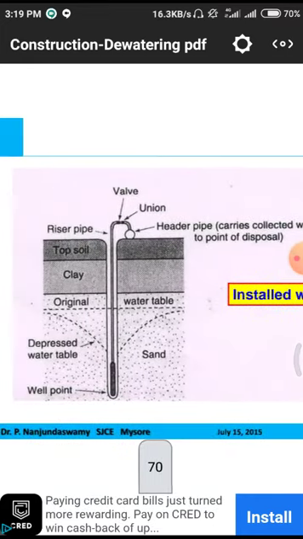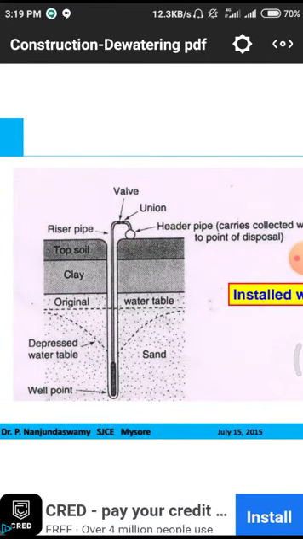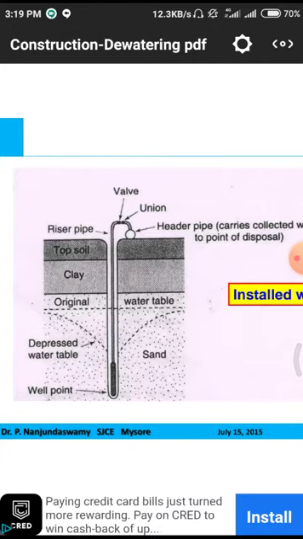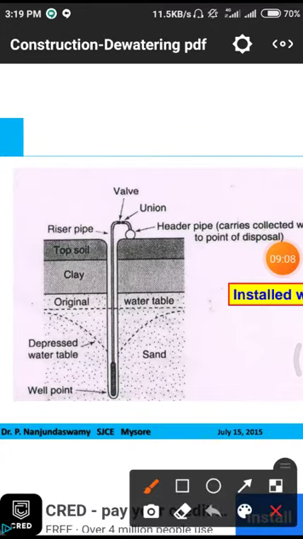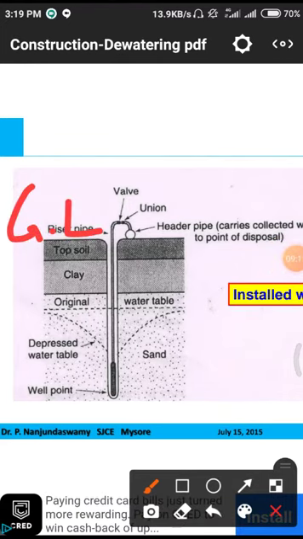It is the cross section of a particular structure: topsoil, clay, and original water table. That means normally, I will show, it is the ground level. From the ground level, in the third layer we have the total water table.